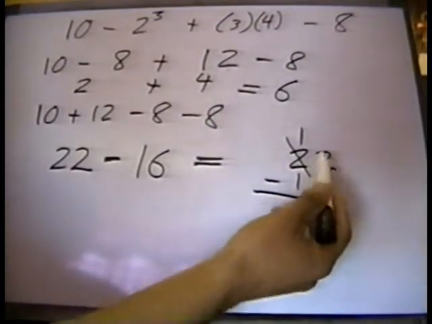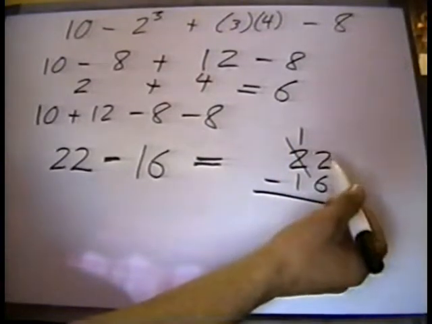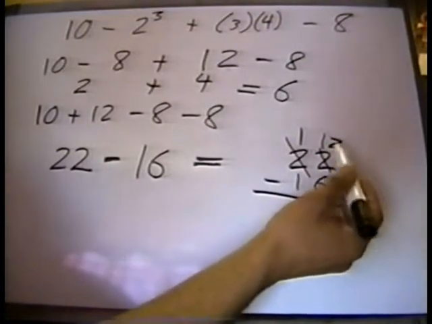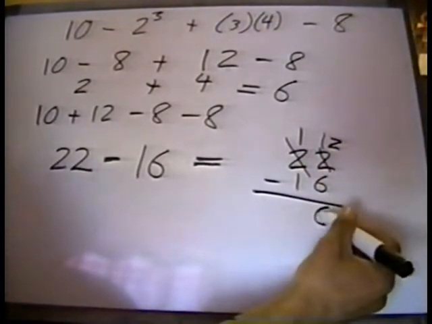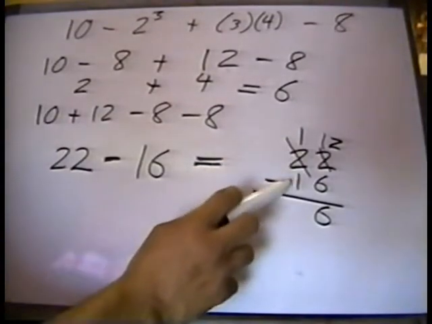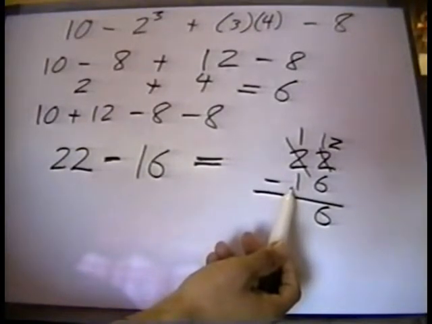Because we're going to borrow from the tens place and make this 2. We're going to turn this 2 here into a 12. So we have 12 minus 6, which is 6. Here, 1 minus 1. Now we go on to the next column.